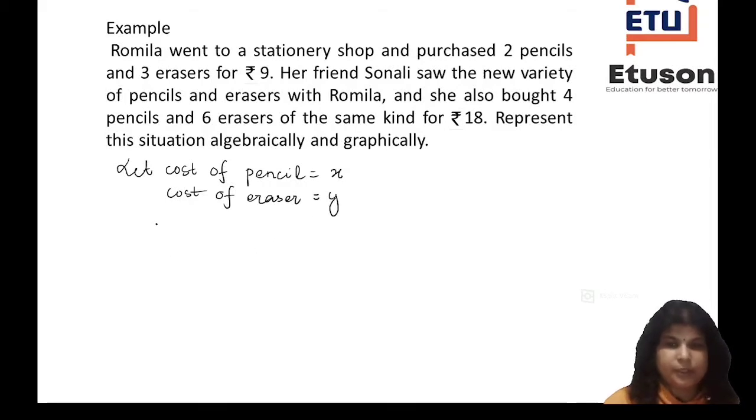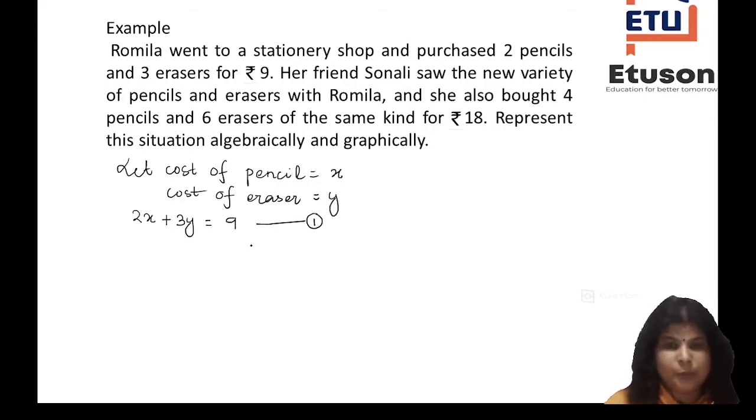Then what will be the equation? So Romila is purchasing how many pencils? 2. So 2x for the pencils. How many erasers is she purchasing? That is 3. So into 3y. So the total is 9. So this is your first equation.